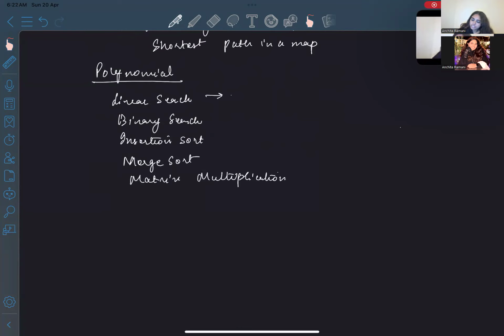For linear search, it takes n time. For binary search, log n. Insertion sort takes n square. And then there is merge sort, which takes n log n. And matrix multiplication takes n cube. So these are all polynomial time algorithms.